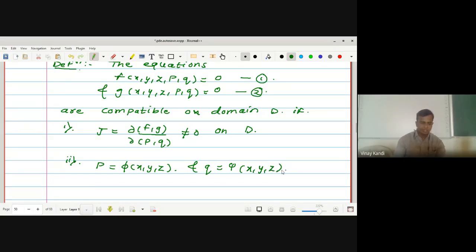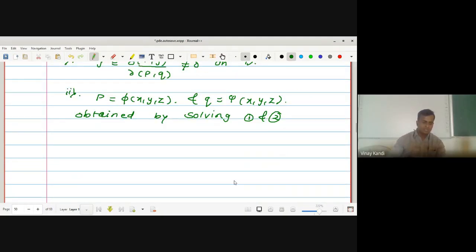Okay, obtained by solving 1 and 2, such that dz is equal to phi of x, y, z dx plus psi of x, y, z dy is integrable.